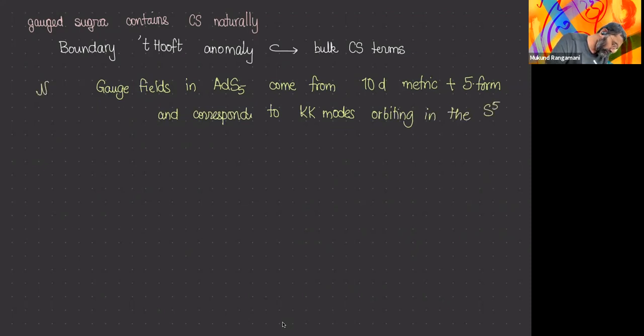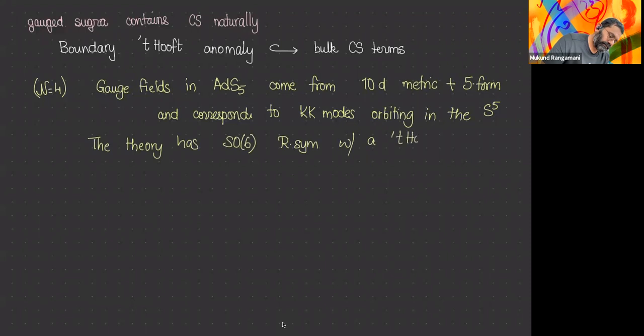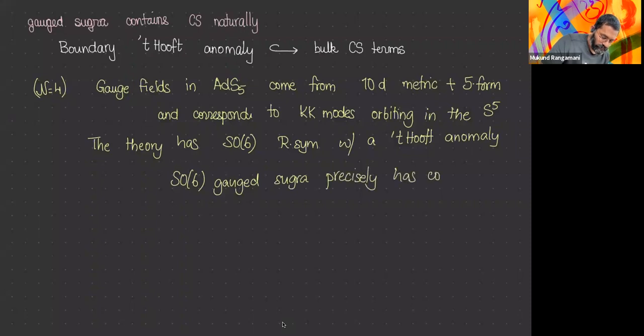Let's say for N equals 4. The theory has an SO(6) R-symmetry with an anomaly, and SO(6) gauged supergravity precisely has the corresponding Chern-Simons terms.